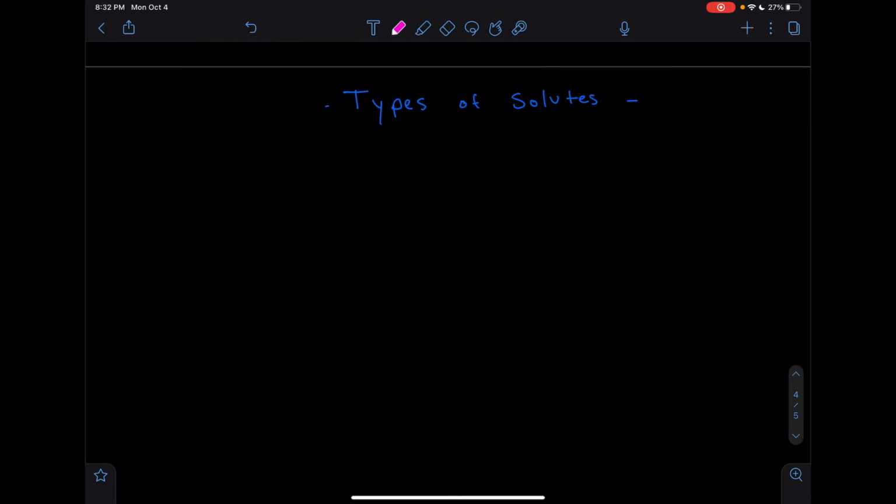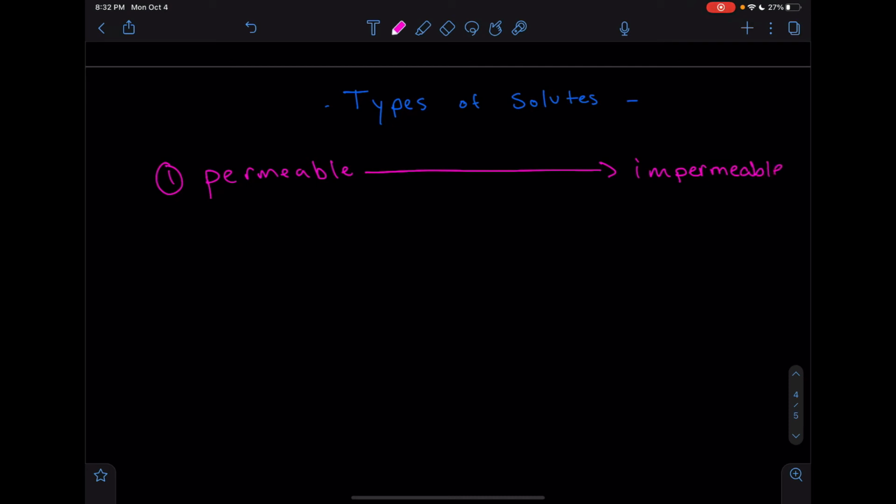First one is a permeable solute. Then we go all the way to impermeable solute. And then what's this middle part? This middle part is things that are kind of permeable. They're not really permeable, they're intermediate permeability.